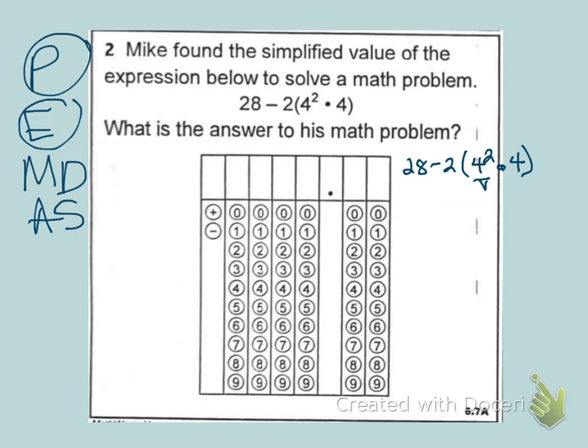It means 4 times 4, which is 16. Then we rewrite everything that we have. And then 16 times 4. It's 24, 4, 5, 6. So that's 64.